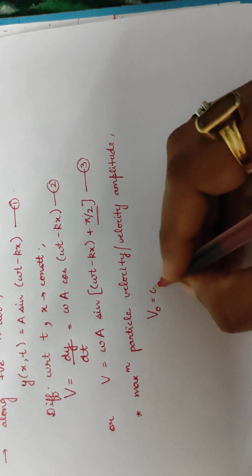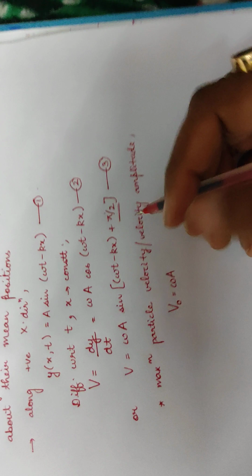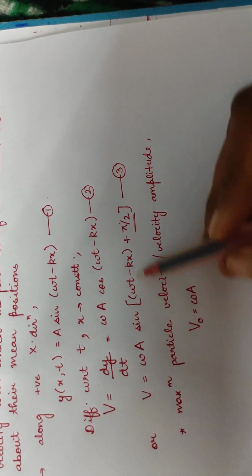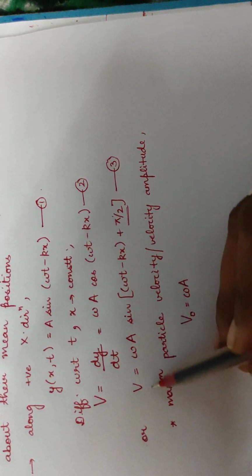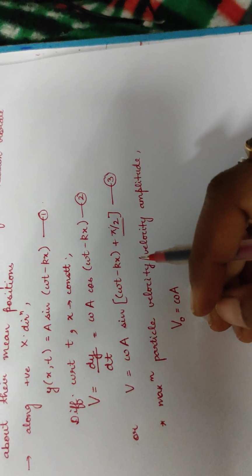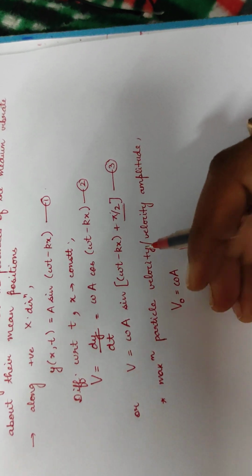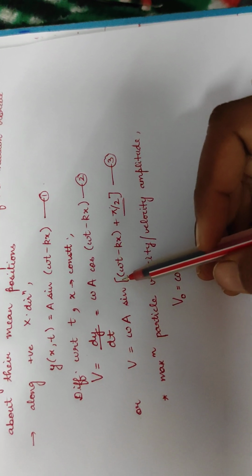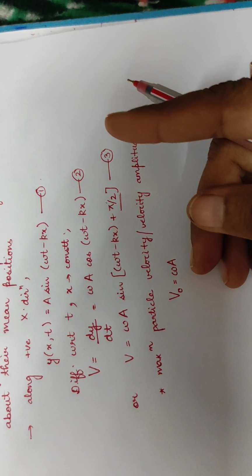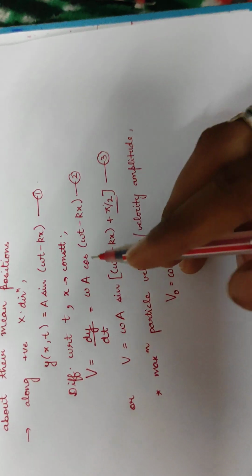It is equal to omega a. Why? Only if this term becomes 1 will the particle velocity be maximum. And when is sine maximum? Sine is maximum for 90 degrees. Sine 90 degree is 1, whereas cos 0 degree is 1.